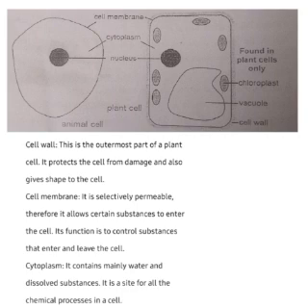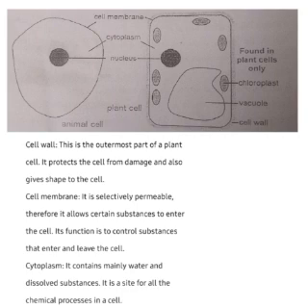The next one which we're going to look at is the cell membrane, which in a plant cell is the one which immediately follows the cell wall, on the inner part of the cell wall. Then for an animal cell, that's the first layer. So for the cell membrane, one thing which you need to know is that it is selectively permeable. To be permeable means that it allows things inside.